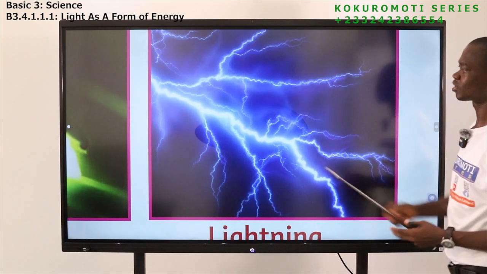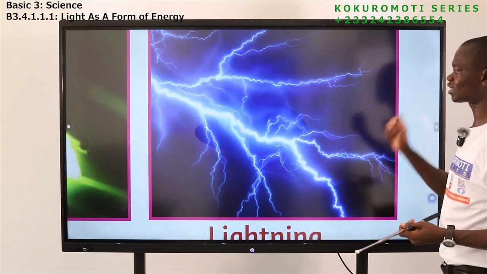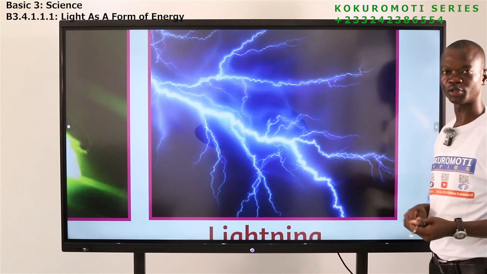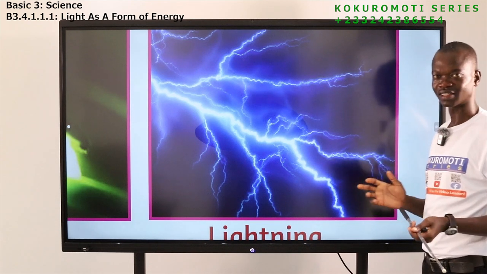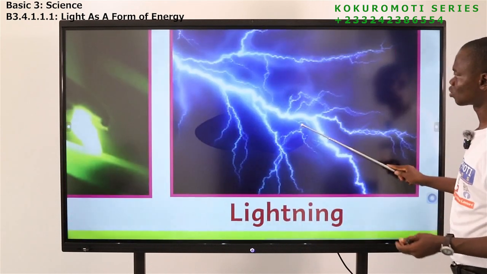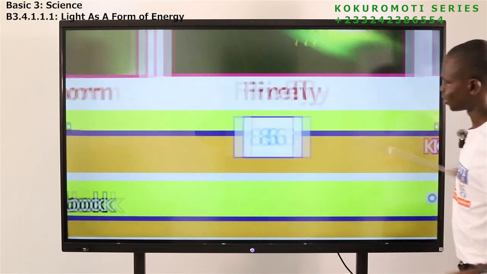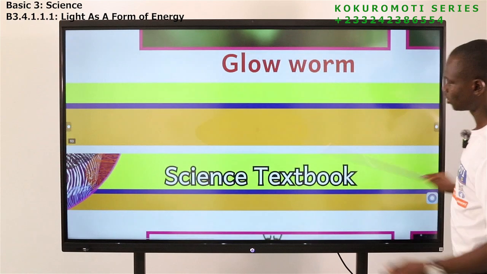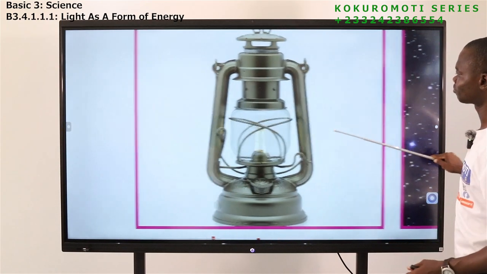If this thing happens, you see that the whole sky will be brightened. Sometimes it is not easy to just watch this thing with your eyes, and it comes like a flash and then it vanishes and you will not see it again. So this is lightning. It's a form of light that we have.